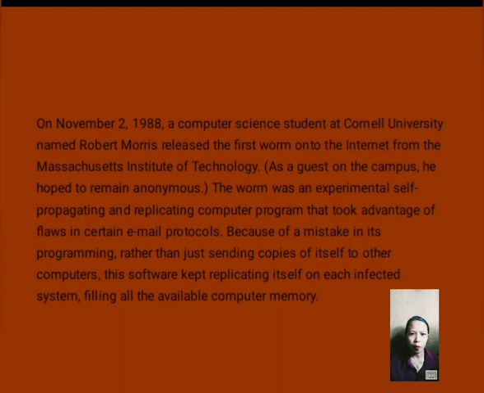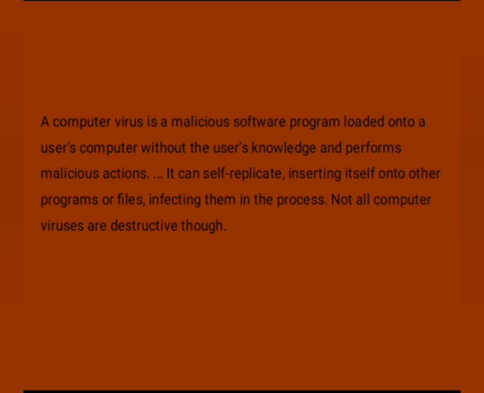Because of a mistake in its programming, rather than just sending copies of itself to other computers, the software kept replicating itself on each infected system, filling all the available memory.